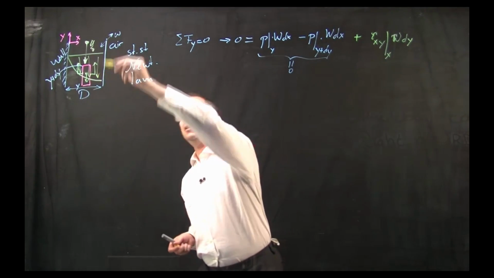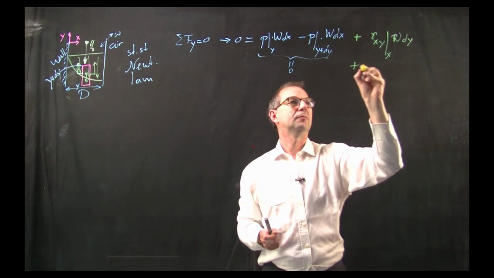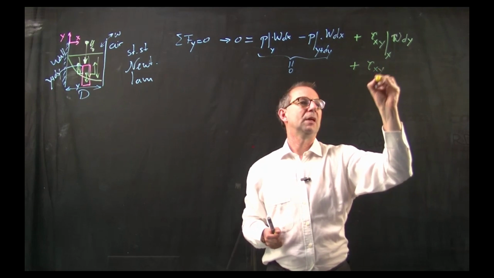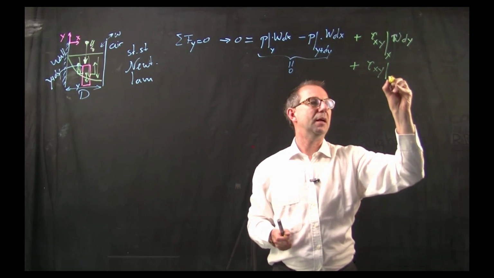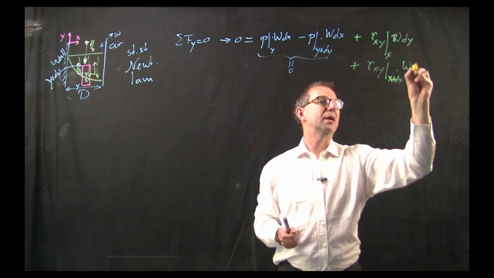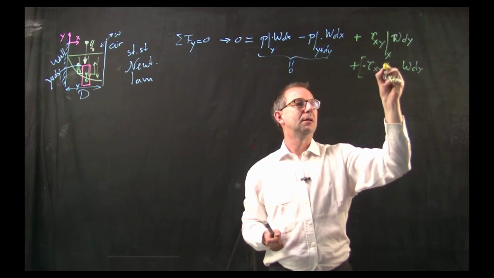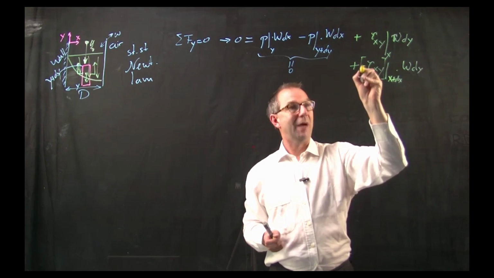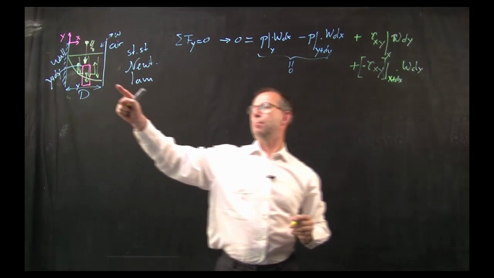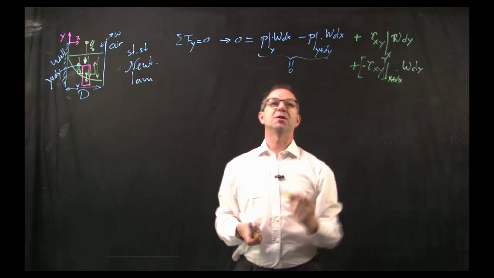On the other side, there is a similar force that I need to add. It's slightly displaced at x plus dx, and it's over the same area W times dy, but it carries a minus sign, because action is minus reaction. It's the big coordinate on the small coordinate, and that is not tau, but minus tau.